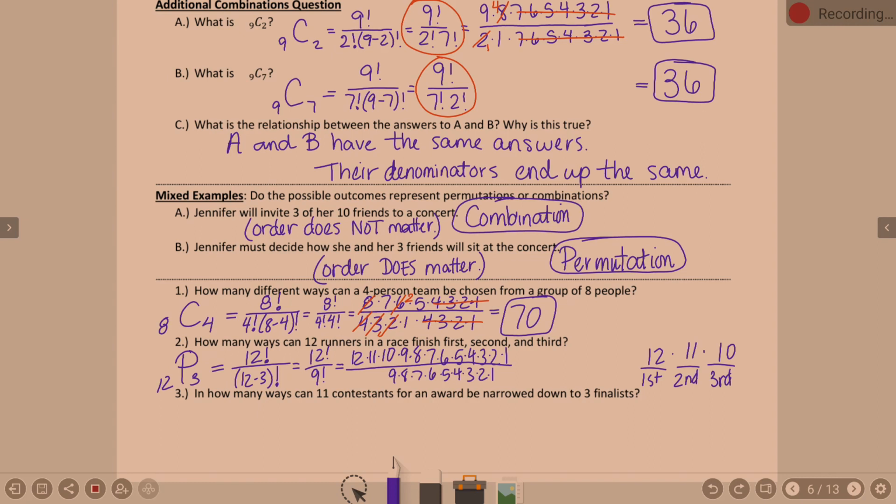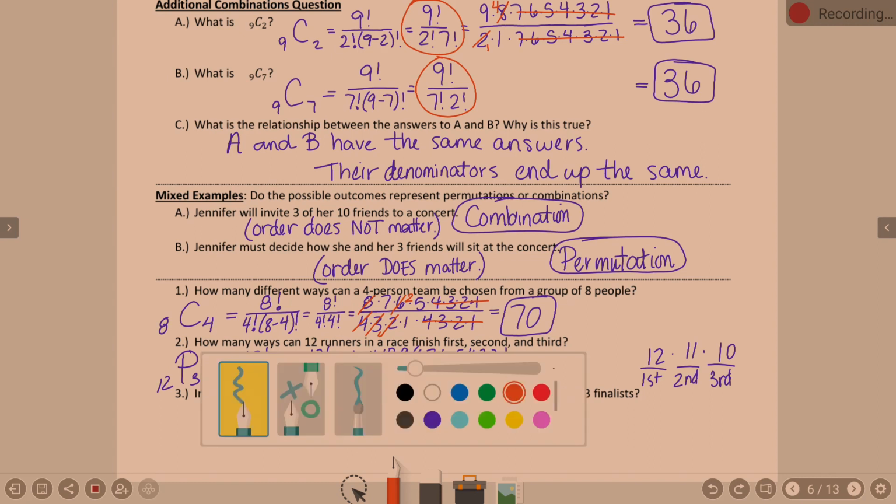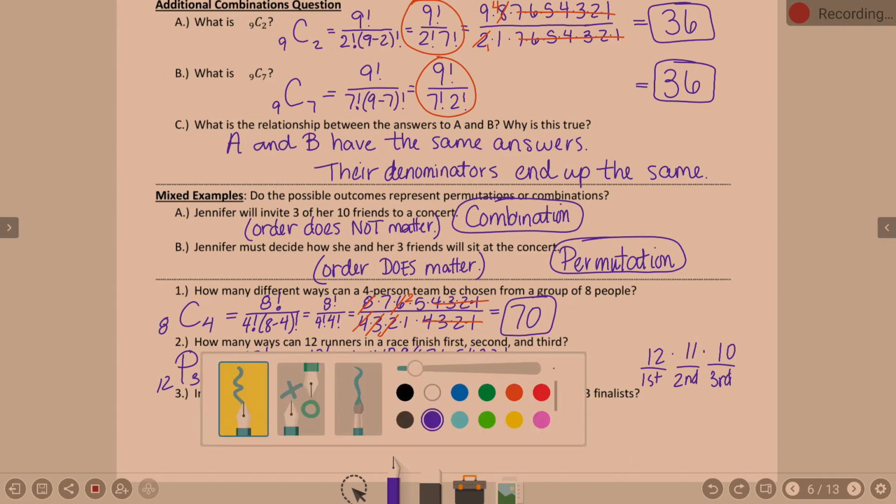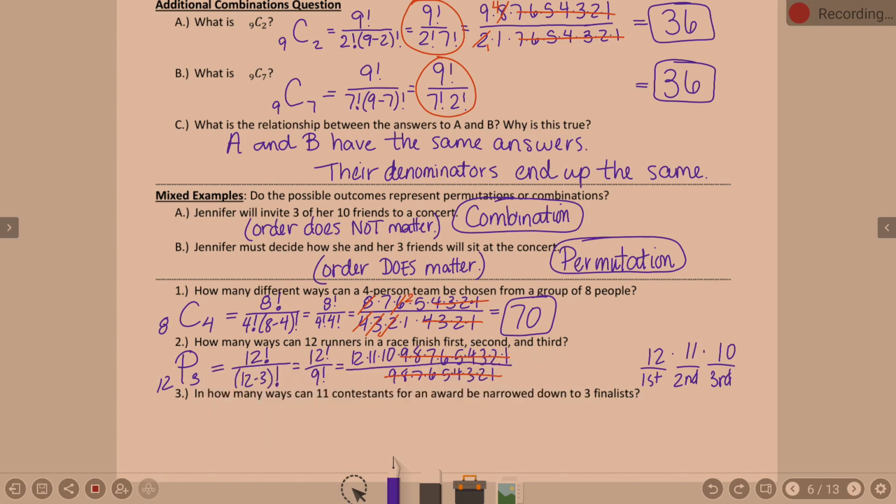What happens? 9 to 1 cancels. What are we left with? 12 times 11 times 10. So there's proof it works for you. What is 12 times 11 times 10? 1,320. My calculator says 1,320.